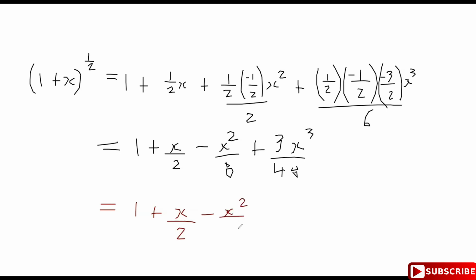And then you have minus 1 over 3 over 48, that works out to be minus 1 over 60. So it's really minus x cubed over 60. Nice. So that's what we have. Let's go ahead and write that down now.